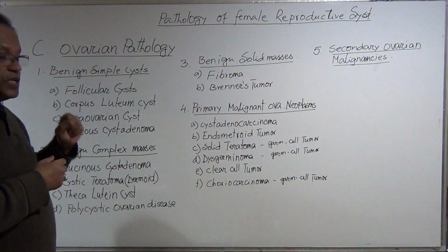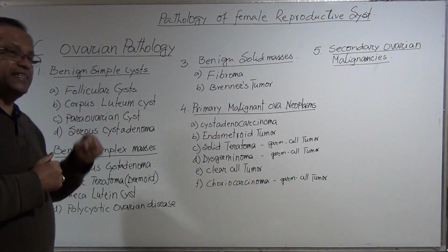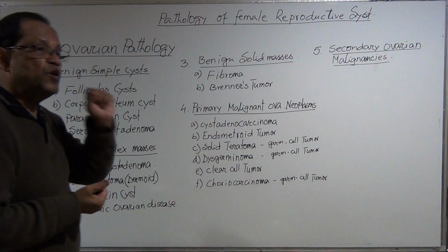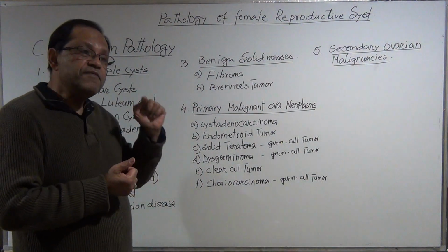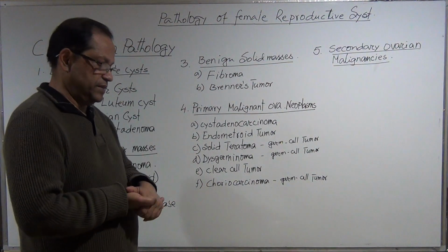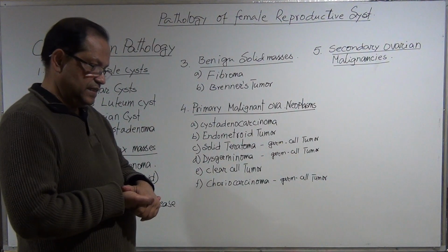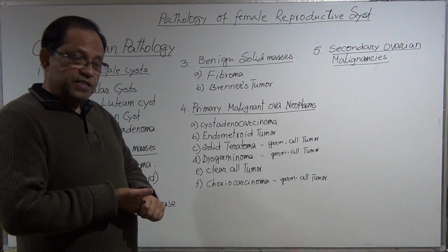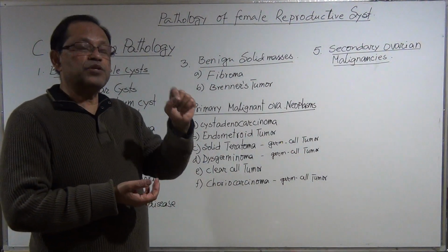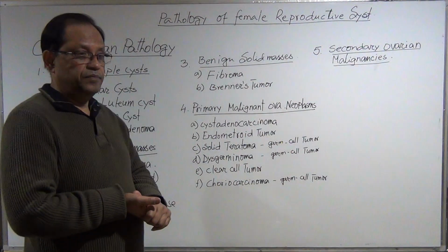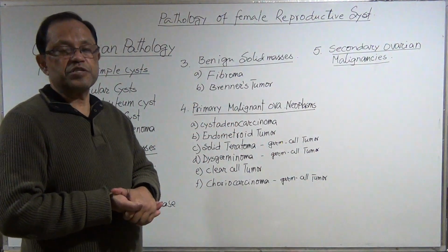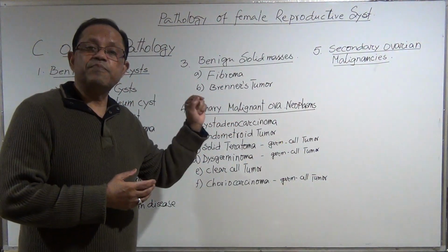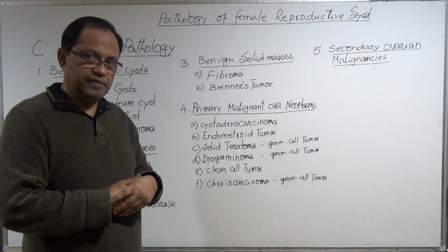This corpus luteal cyst, active cyst, is responsible for survivability of the pregnancy during the first trimester. This corpus luteum cyst will remain 10 weeks to 12 weeks, almost the first trimester, functioning if the pregnancy is sustained.